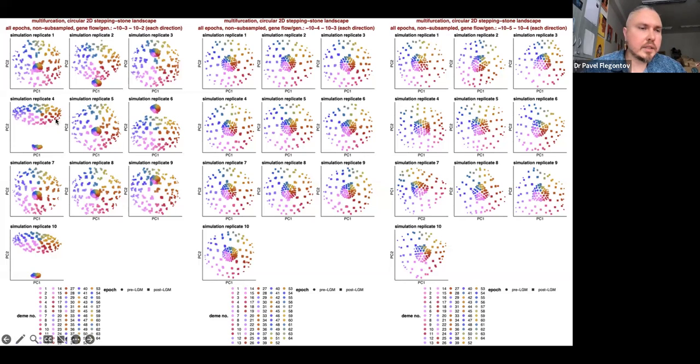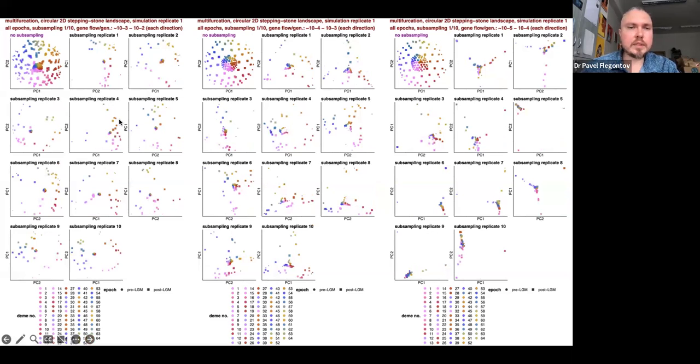And in the high gene flow intensity scenario, there's actually very little in common between these 2 time points. So they often form separate clusters in this PC space because they're very, very different, because here the time points were several hundred generations apart.